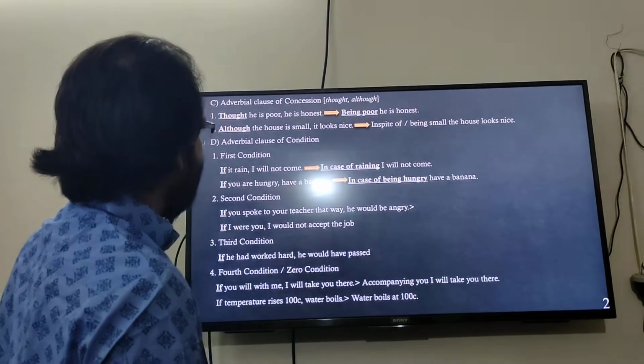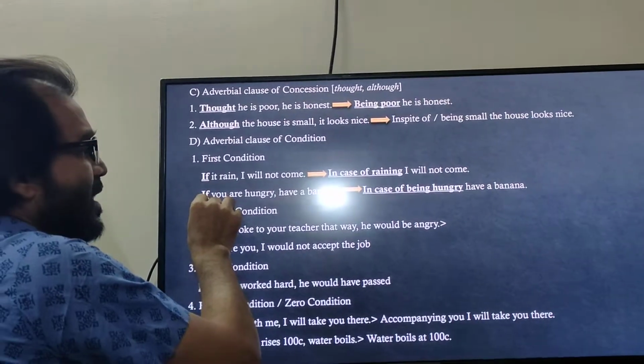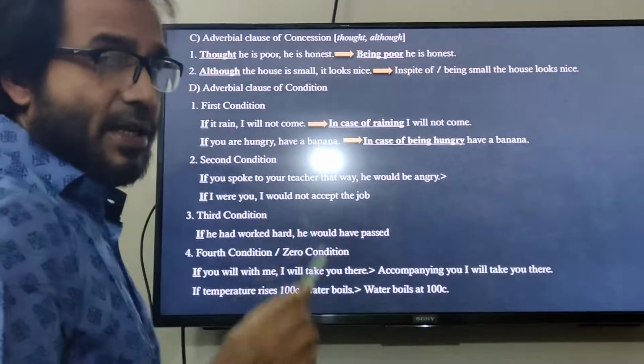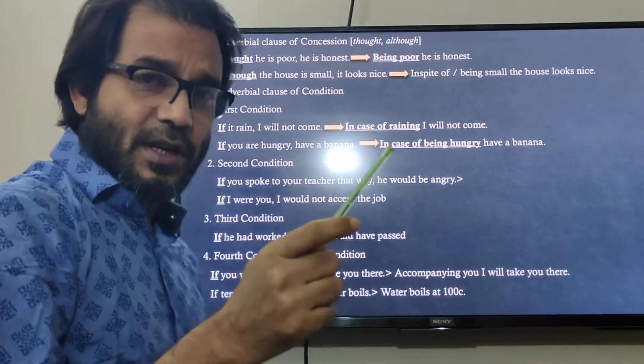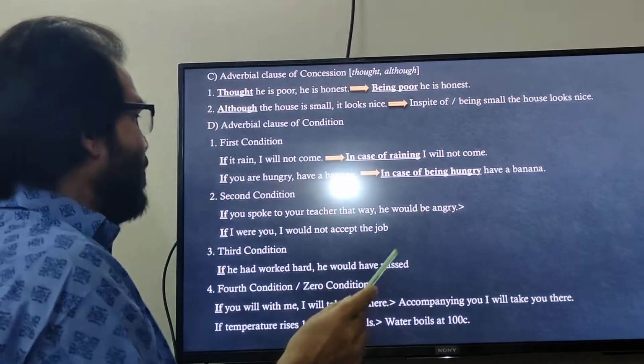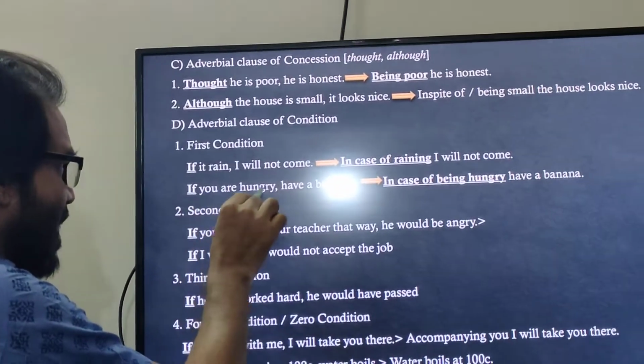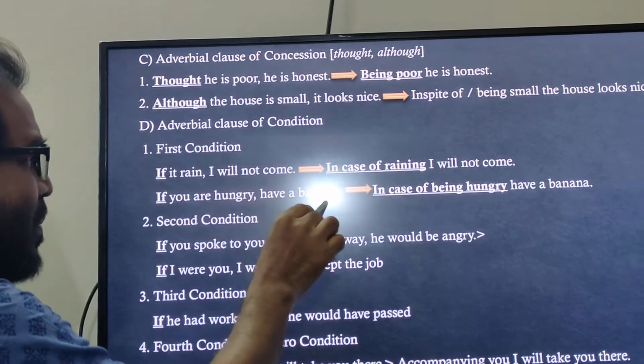How does the sentence become simple? The first condition can be expressed in 2 ways. If plus present plus future is the first technique. The second technique is if plus imperative mood. Let us see the sentence: if you are hungry, have a banana.